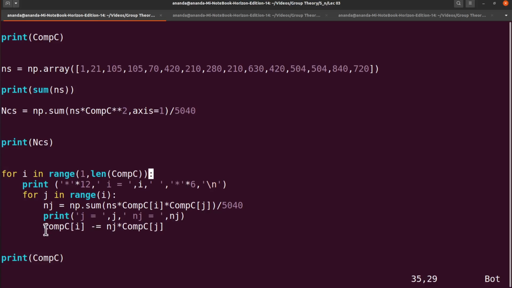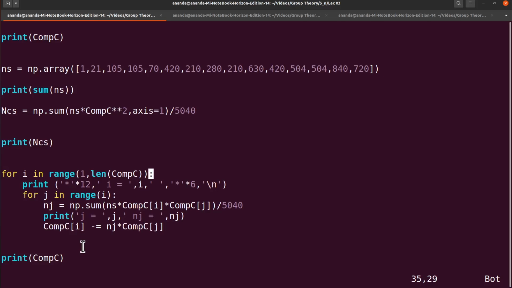And all this does is find out how many times the simple character in the jth row occurs in the compound character in the ith row by essentially calculating the dot product directly. It prints out that number just for our reference and then subtracts that jth row, which is of course the jth simple character, n_j times from the ith compound character.